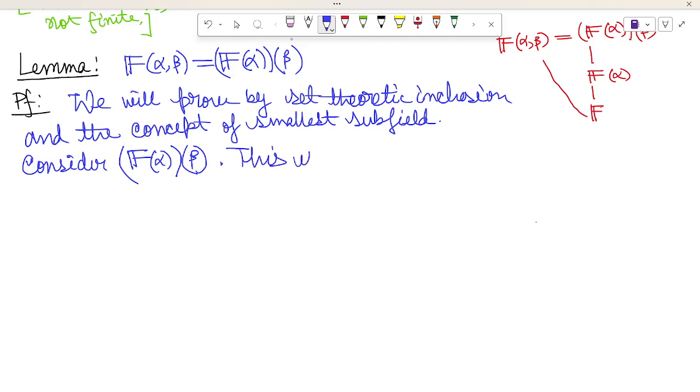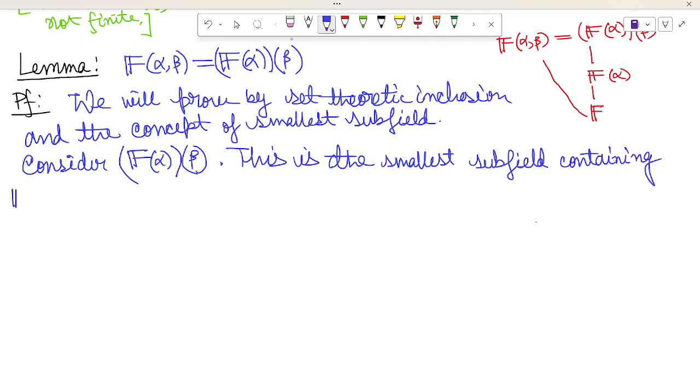This is the smallest subfield containing what? F alpha and beta.